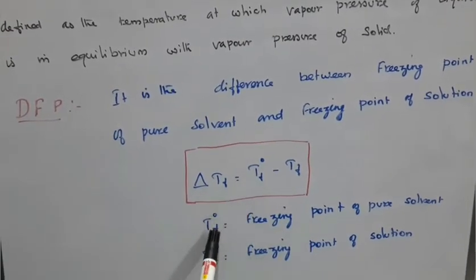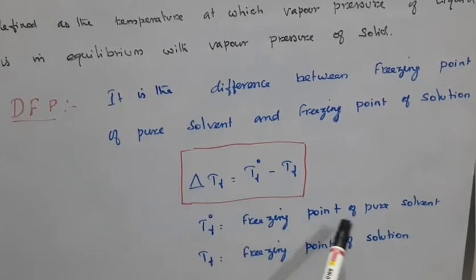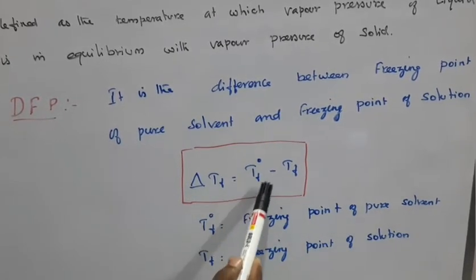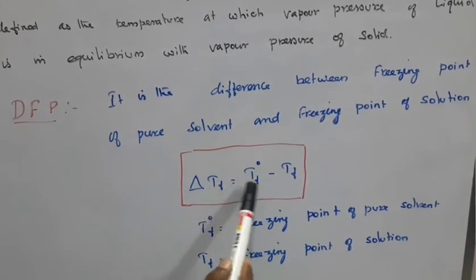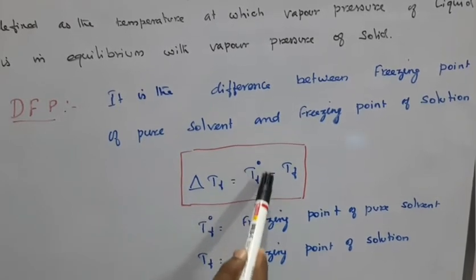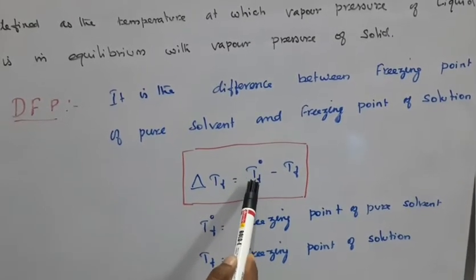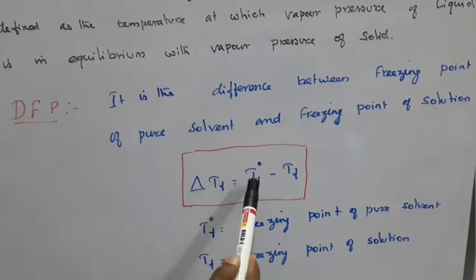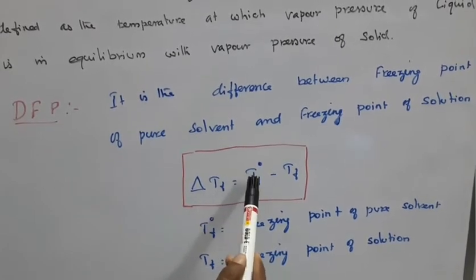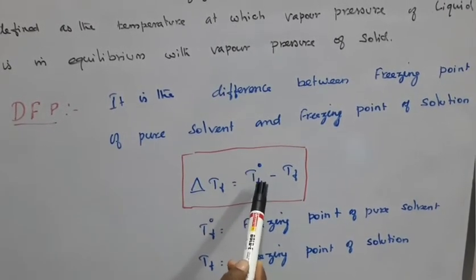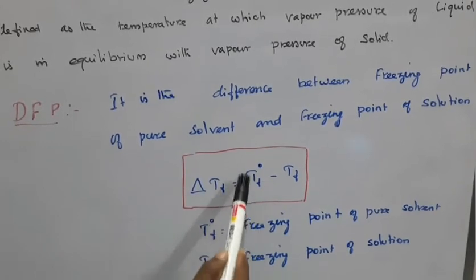T0F is the freezing point of the pure solvent. Why do we write the freezing point of the pure solvent first? Because it is the larger quantity. Suppose the liquid gets converted into solid ice, which freezes at 0 degrees Celsius.